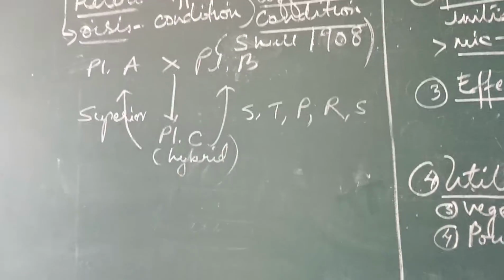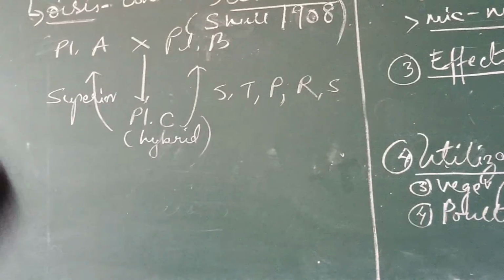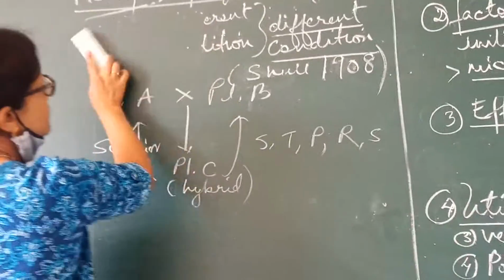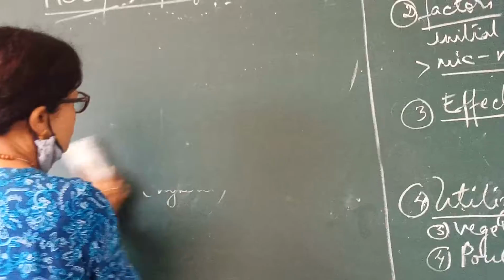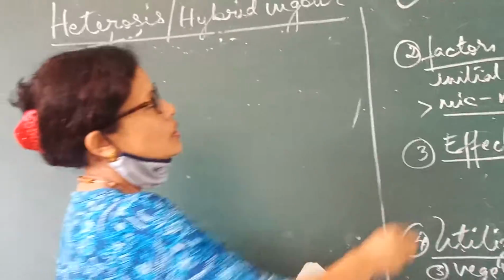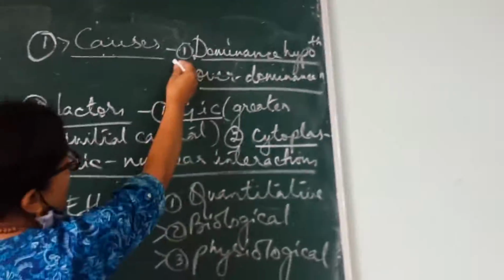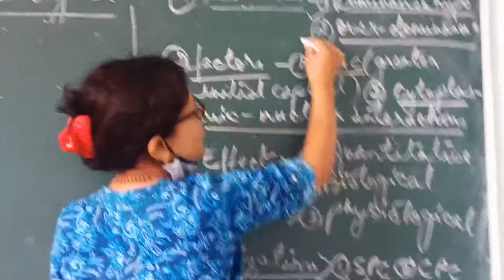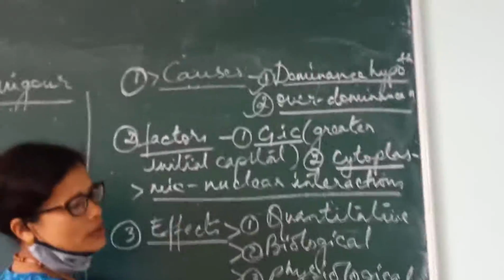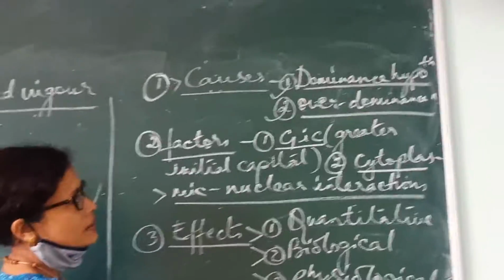Alright, now let us come to the causes of heterosis. Heterosis is explained by two hypotheses. The first hypothesis is called the dominance hypothesis, and the second hypothesis is known as the over-dominance hypothesis.